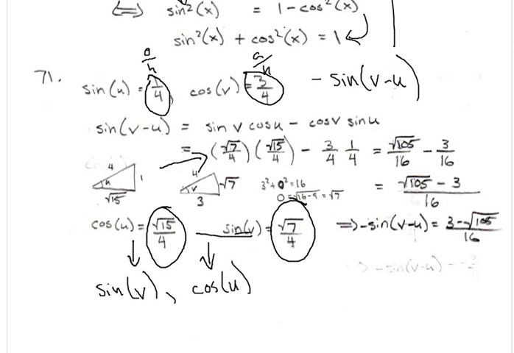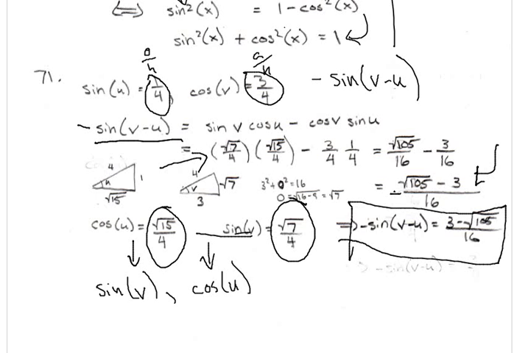And so I get square root of 105 minus 3 over 16 is equal to sine of v minus u. And just taking the negative of that, we can just switch the 2 signs in the numerator or just write it as negative, right? Gives me this. And that's the final answer.